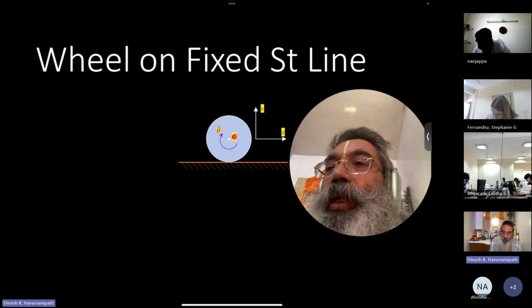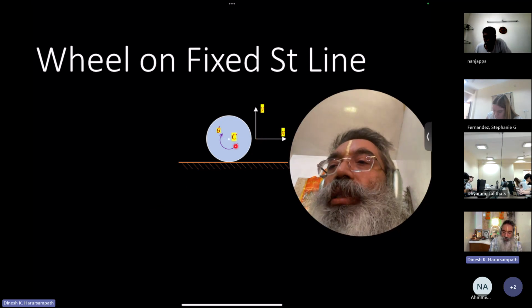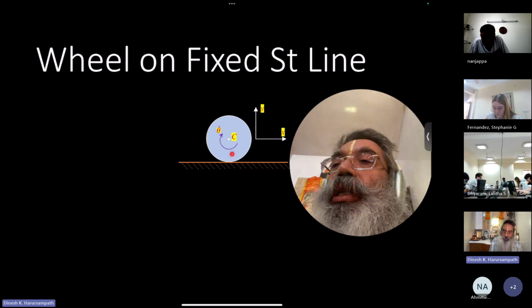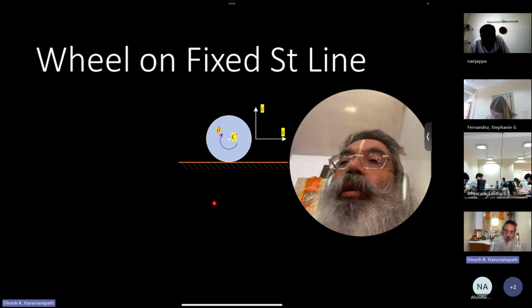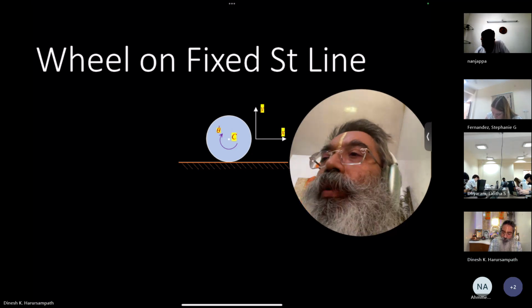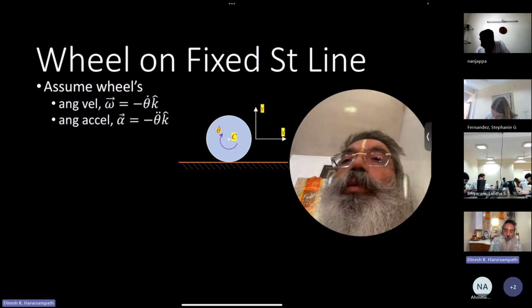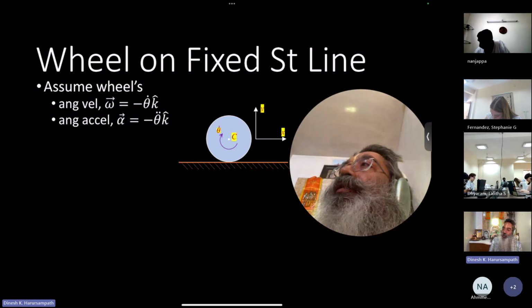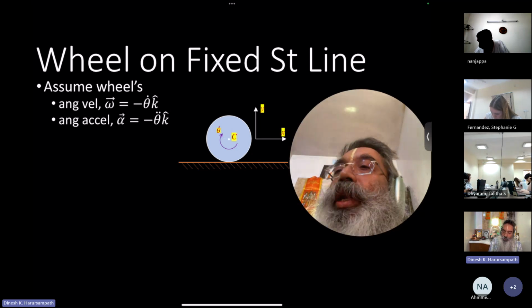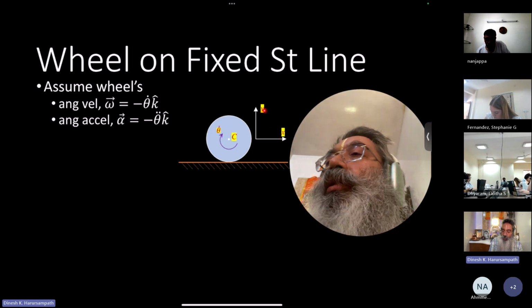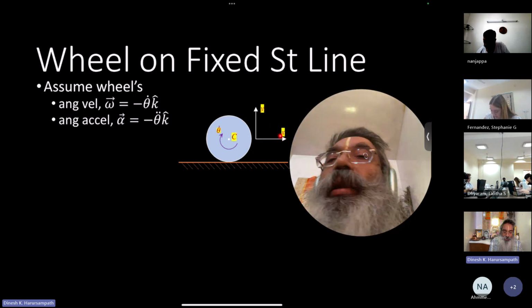So once again, that point we call C, the center of mass, which in this case also happens to be the centroid or the center of the circle, and the same theta dot we have for the angular speed. Again without loss of generality, we can always take the axis of rotation as k hat, because that's how we introduce our x and y axes, with i hat and j hat parallel to them.